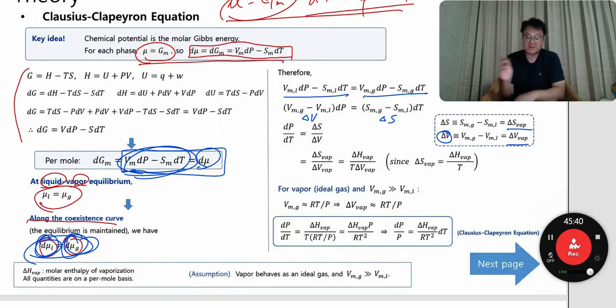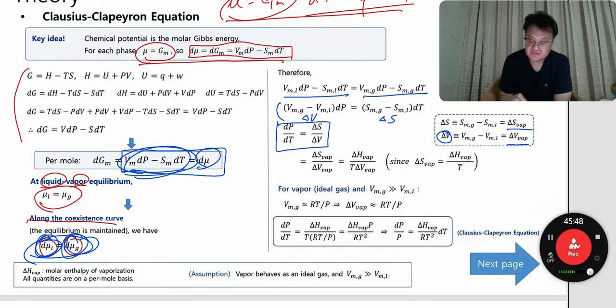Then, considering this, it can be written like this, and of course delta S vap is delta H vap over T.